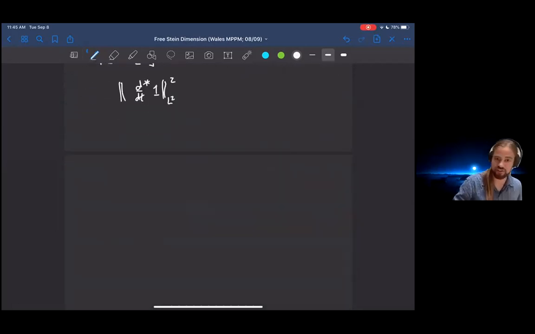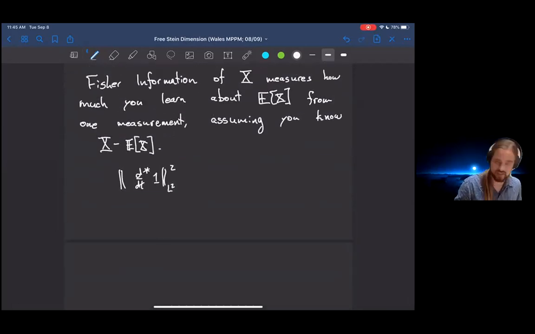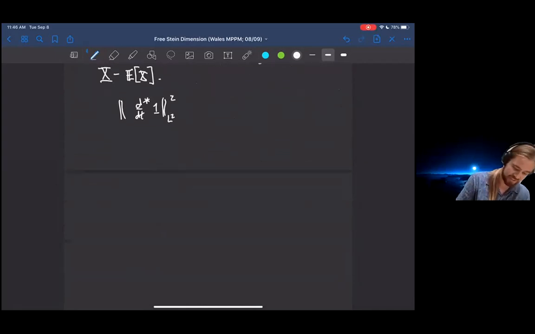So the most important question to answer is, what should play the role of d/dt star in the non-commutative setup? And it turns out that the right thing to do the job are the free difference quotients.